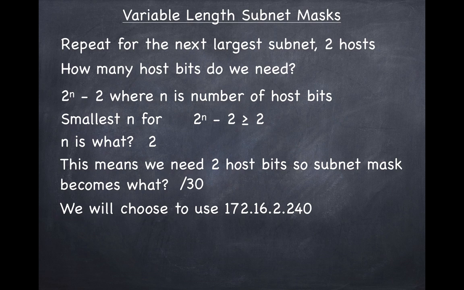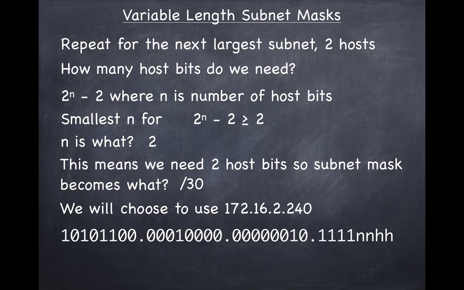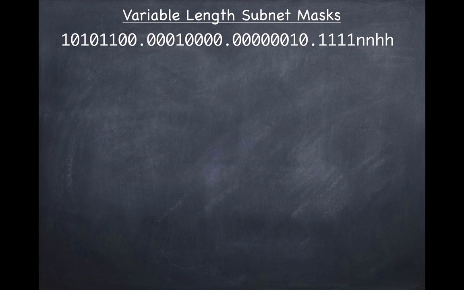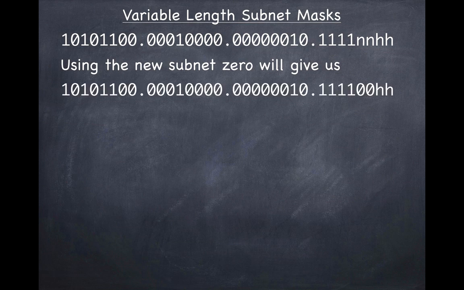Like I said, we go to the next IP address. So what we have is this. We have 2 new subnet bits followed by 2 host bits. And what we do for subnet 0 is to set those 2 network bits to 0, 0.